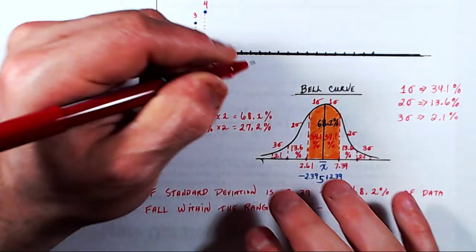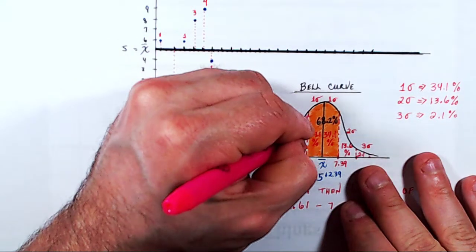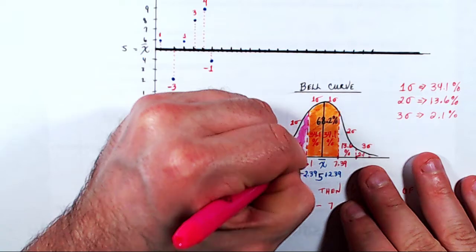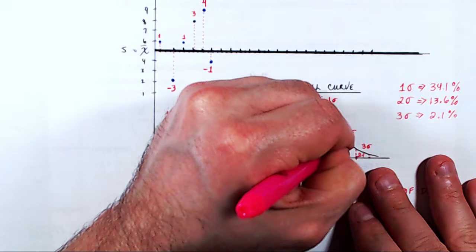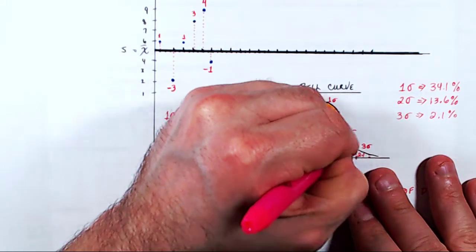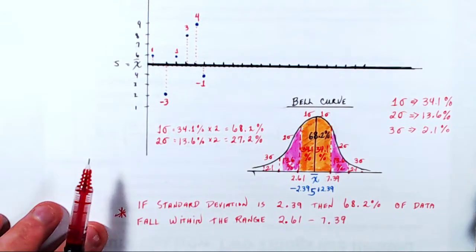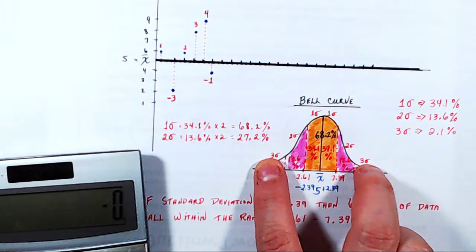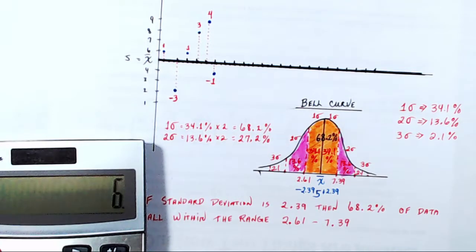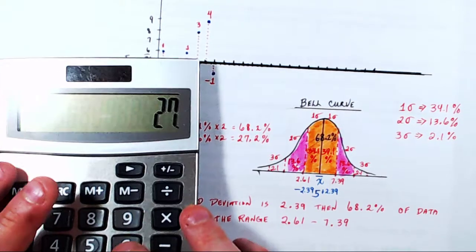Adding in this second standard deviation on either side of the mean, this whole area is 68.2% plus 27.2%.